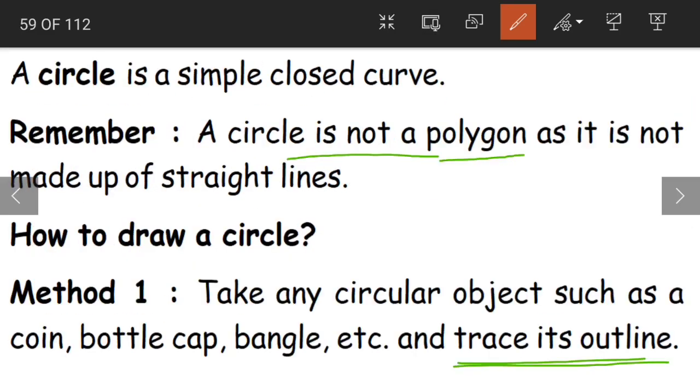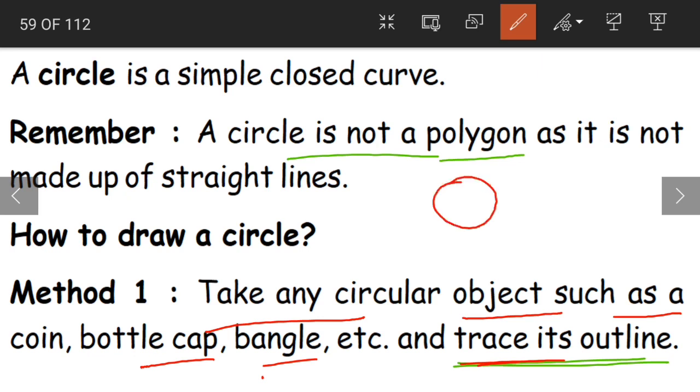Yes, so that is our first method. We can take any circular object such as a bangle, coin, bottle cap, etc. and then trace the outline.